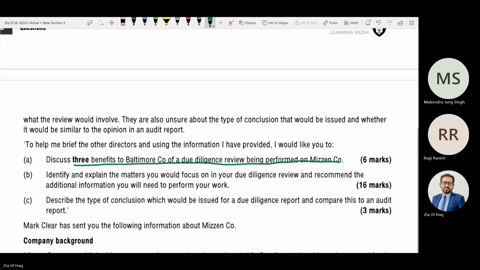Before moving towards part B, let's see what part C is. Describe the type of conclusion which would be issued for a due diligence report and compare this to an audit report. For 3 marks, you need to compare audit and non-audit engagements. So in audit, we provide an opinion on the financial statements. And in that opinion, we provide reasonable, positive, high-level assurance.